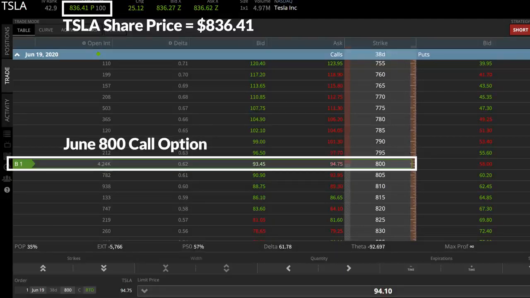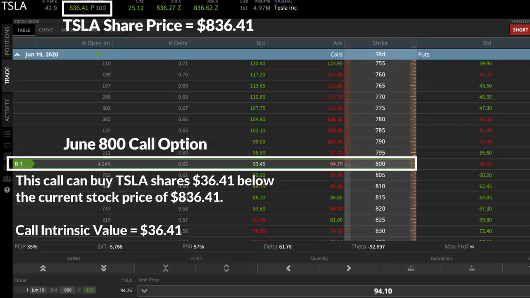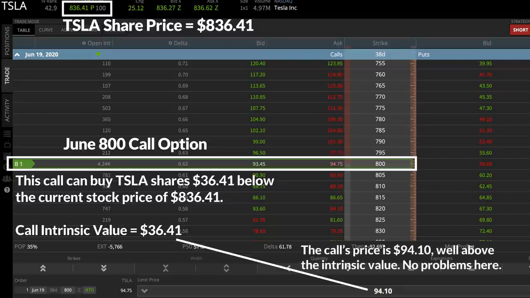Now, because this call option has the ability to purchase shares of stock at $800, but the current share price is $836.41, this call option has $36.41 of intrinsic value. But we can see that the option's actual price is much higher than its intrinsic value because the option's price is currently $94.10 in this image.